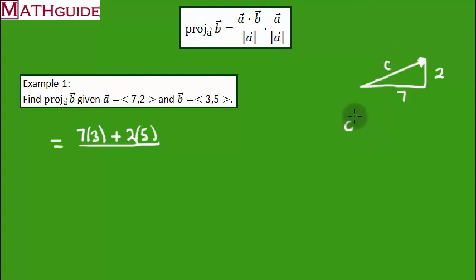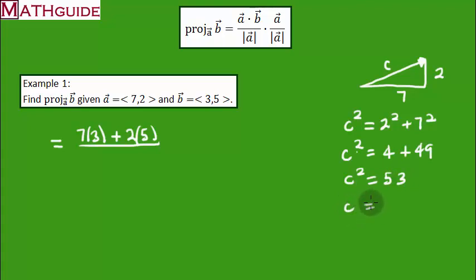The hypotenuse squared is equal to the sum of the squares of the legs. So c squared is going to be equal to 4 plus 49, which is 53. You take the square root of both sides, you get the square root of 53. So there's our magnitude of A.